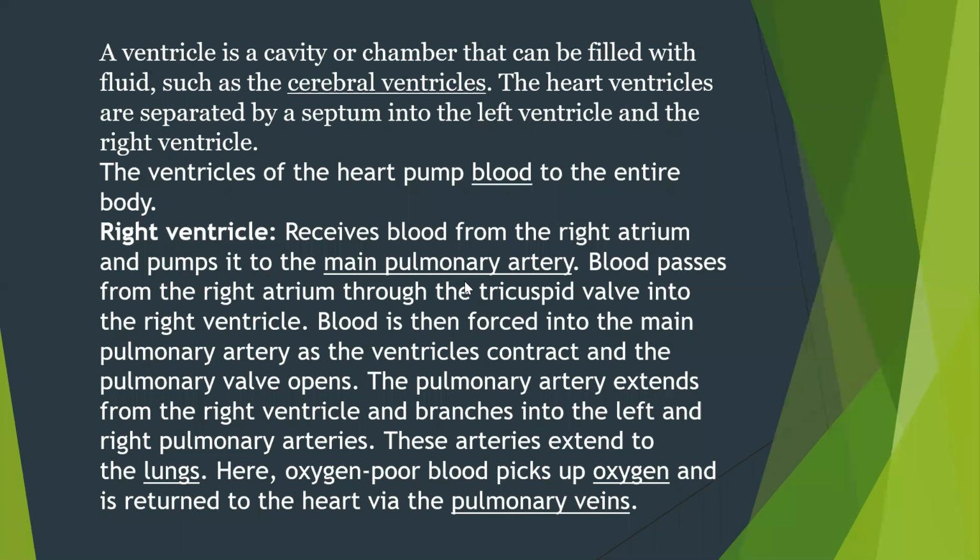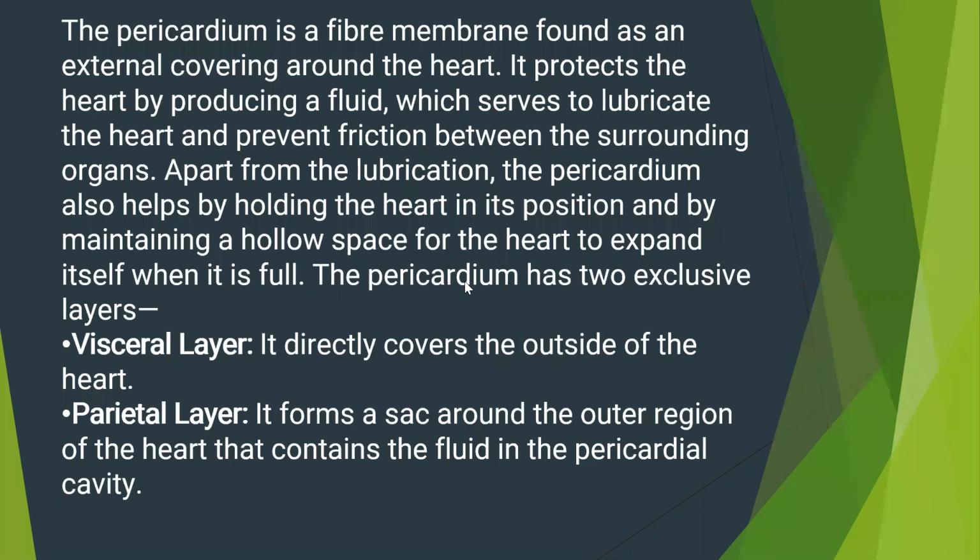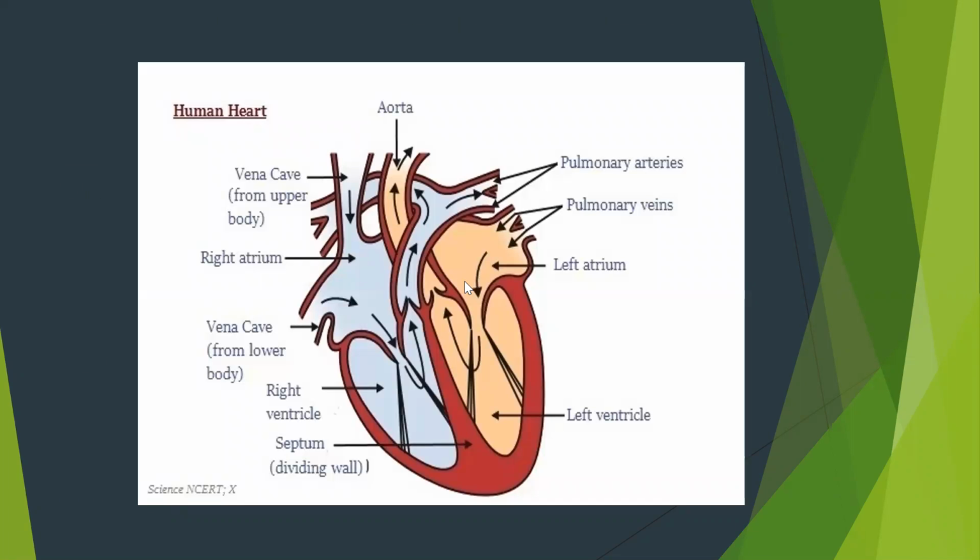Now, blood passes from the right atrium through the tricuspid valve into the right ventricle, like I showed you here, guys. This is the tricuspid valve. Like this is the left atrium and this is the left ventricle. In between there is a hole, actually these holes are two, but it is actually only one structure. This is called the tricuspid valve, and on this side we have the bicuspid.